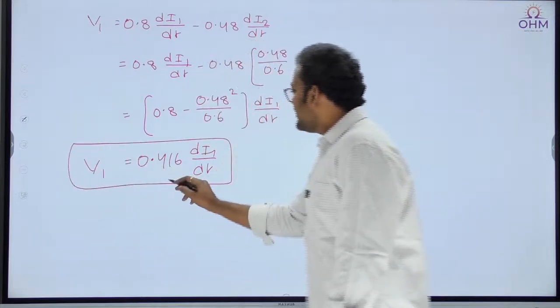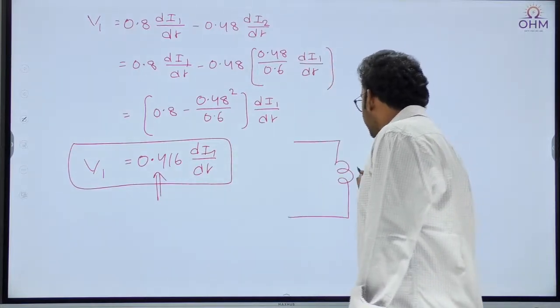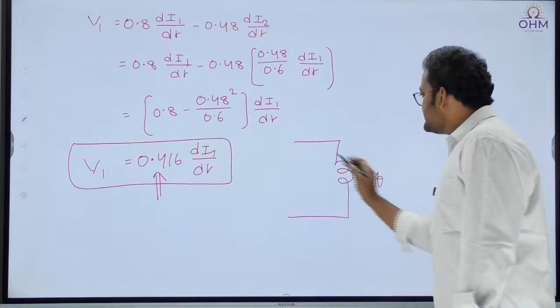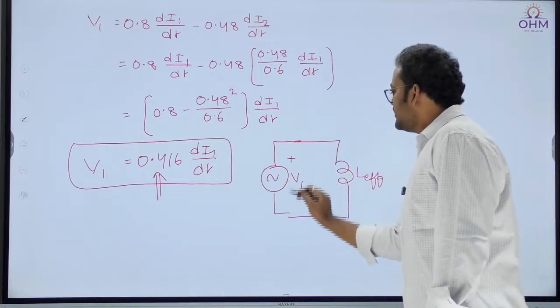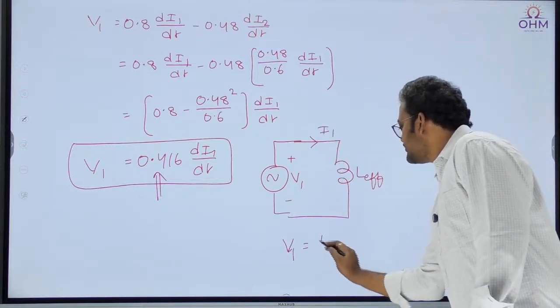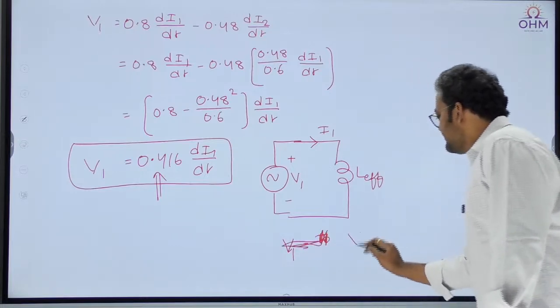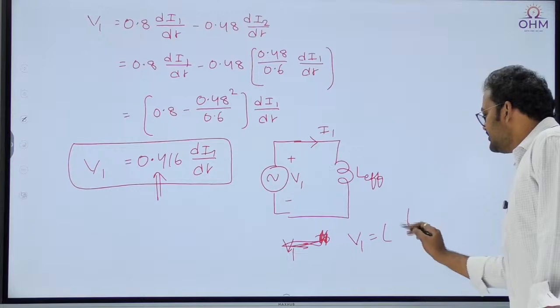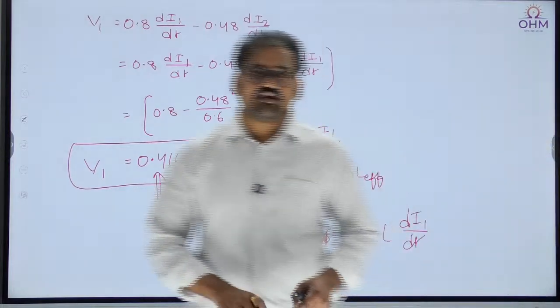Then is it looking like the effective inductance? Suppose you wanted to represent the entire transformer with one single inductance, with supply voltage v1 and supply current i1. Then can I write this as v1 is equal to L into di1 by dt, simply one single winding?